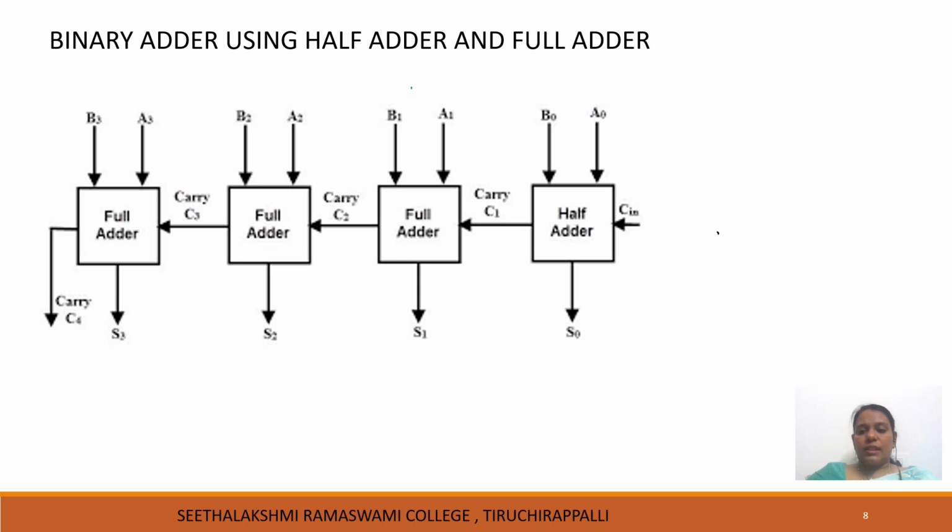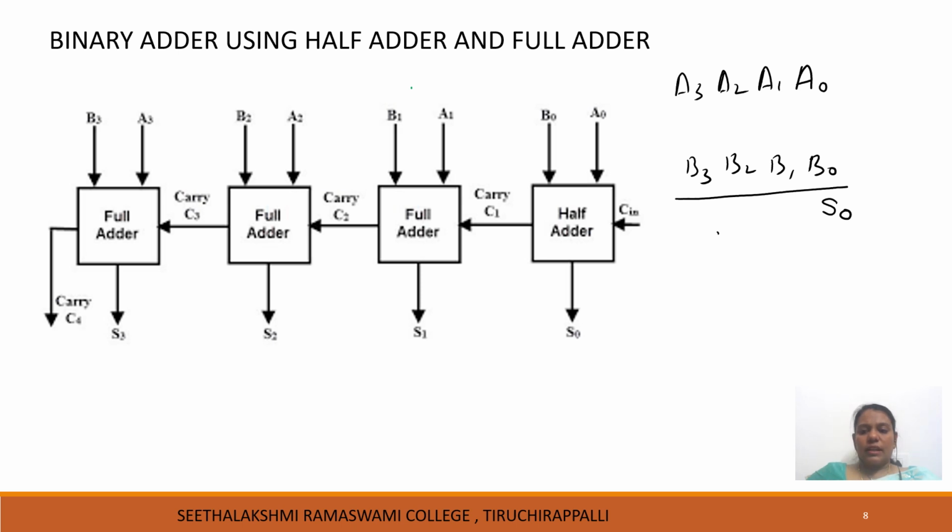So the first number, let us name the number as A0, A1, A2, A3 and let us have the second number as B0, B1, B2, B3. And when you add these two numbers, you will get the sum as S0.